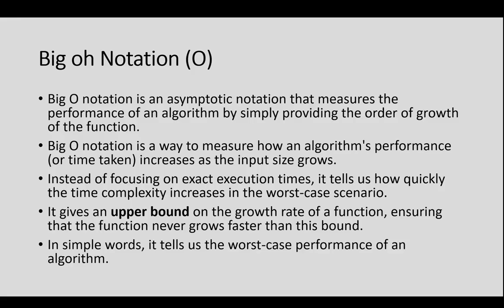So we have worst case, best case, and average case. The worst case uses big O notation, the best case uses omega notation, and the average case uses theta notation.